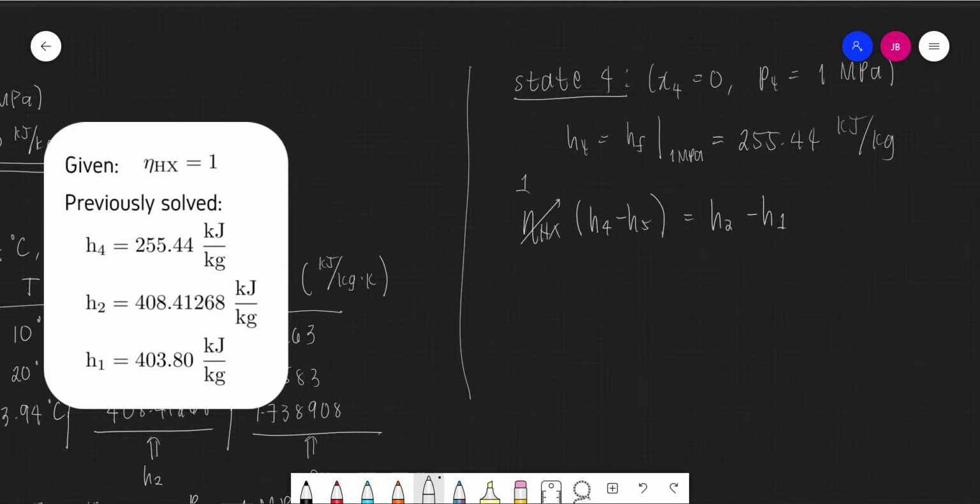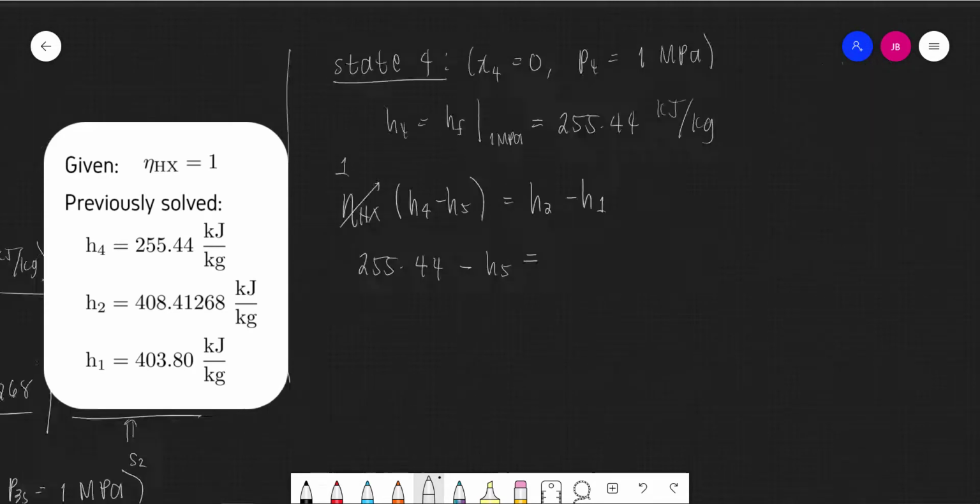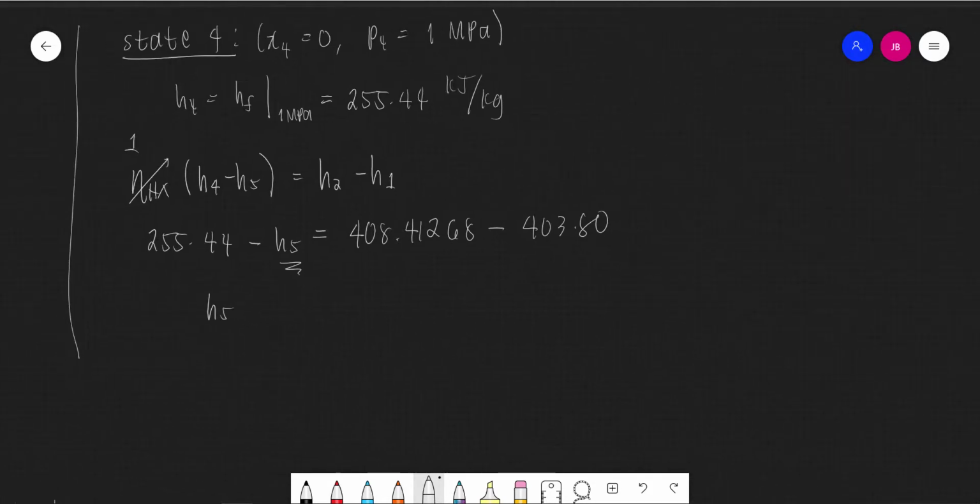So we now proceed with inputting the enthalpies that we have. We have H4 is 255.44 minus H5, the one that we don't know yet. H2, based on our previous problem, is going to be equal to 408, etc. And also H1 is 403.80. So we can now isolate H5, and again, we use the same technique, our calculator.